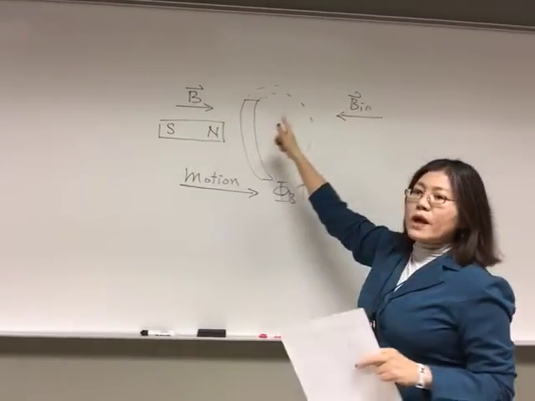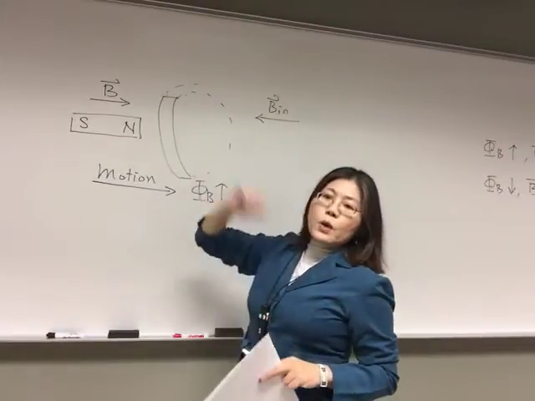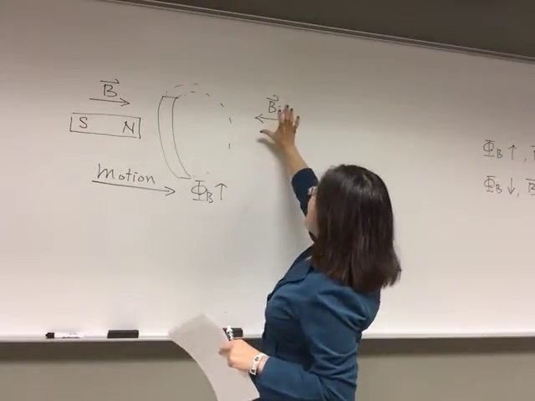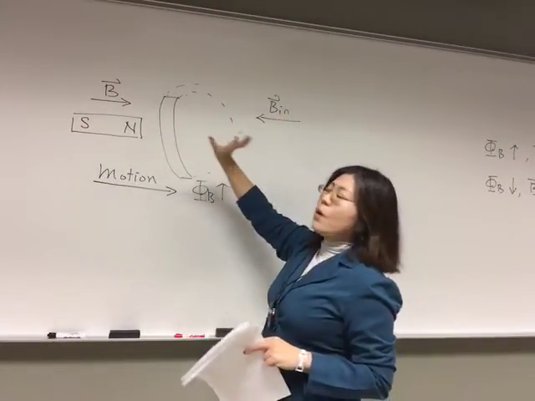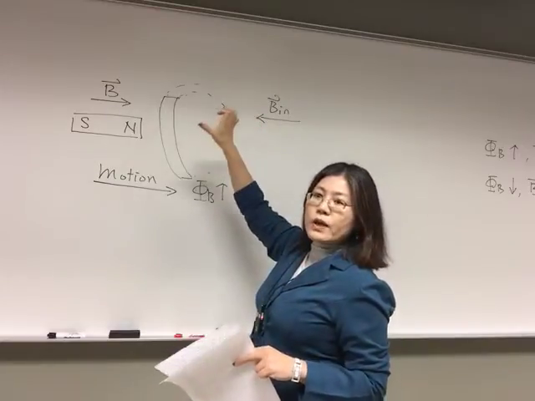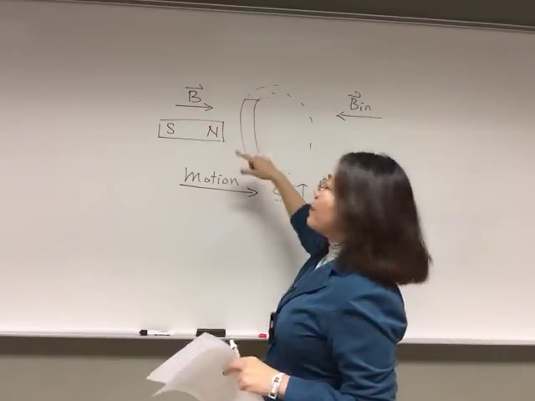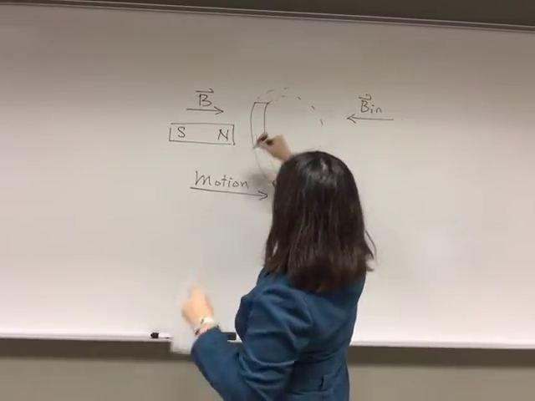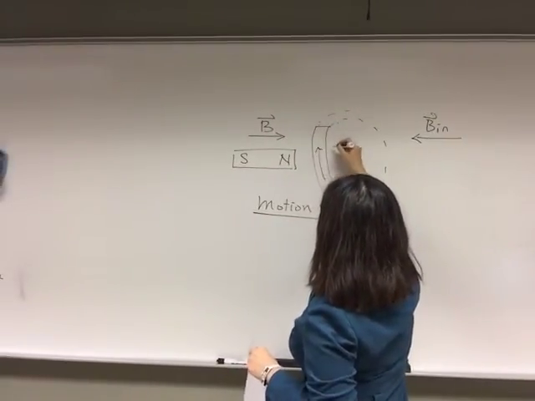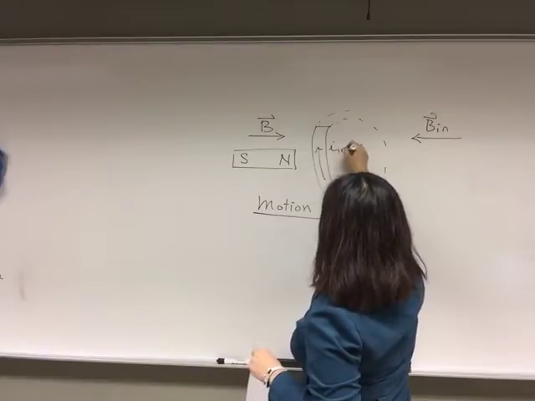Once you have the leftward direction identified, use your right hand rule. Your thumb indicates the direction of the magnetic field, and your curved fingers give you the direction of the current. In this case, the induced current direction will be in this direction, so you draw a line like this. That will be I induced.